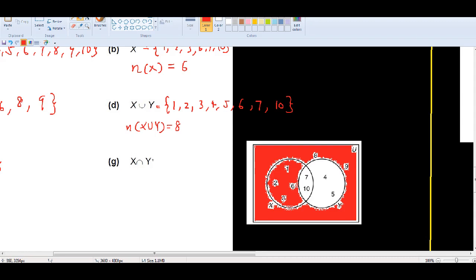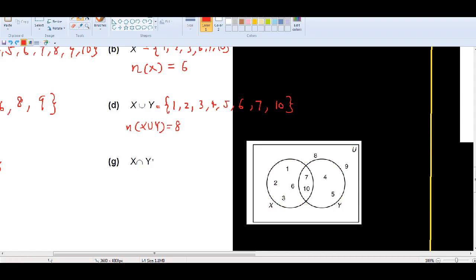So where should it be? It should be in X but not in Y. It should only be here. So the set should be 1, 2, 3, 6. So there are 4 of them.